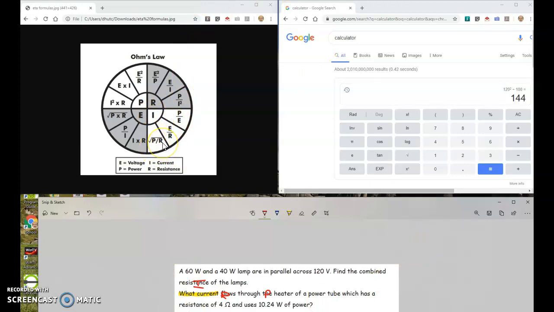If you're getting these problems wrong, it's probably because of the order of operations that you're using. So I see that all the time, especially on a calculator. I equals the square root of P divided by R. Now, if you remember your order of operations, most of you know that you do parentheses first.